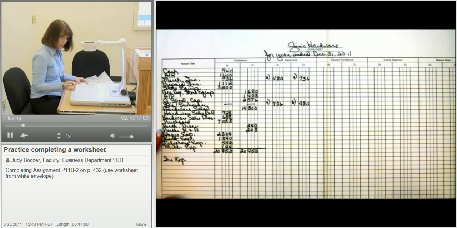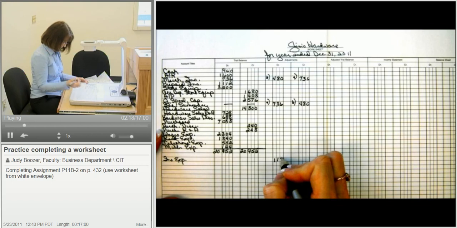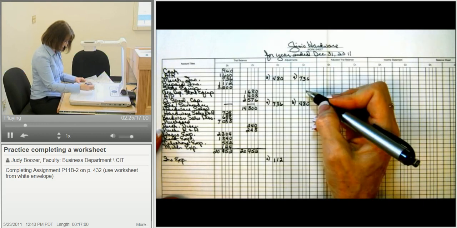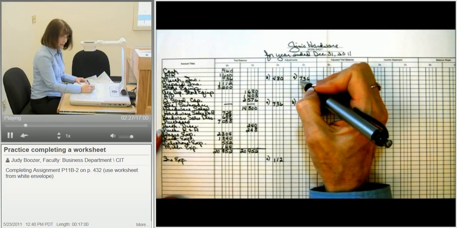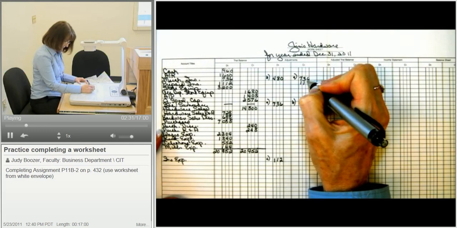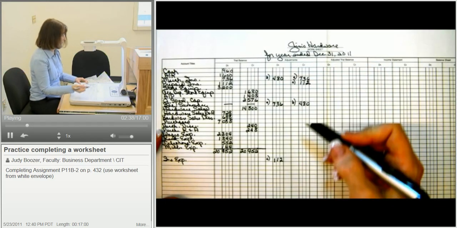And how much has been used? 112. And we're going to put a C beside that one. What's the credit go to if we've had insurance expire or be used? Prepaid. We're going to reduce prepaid insurance asset by $112. So debit equals credit.